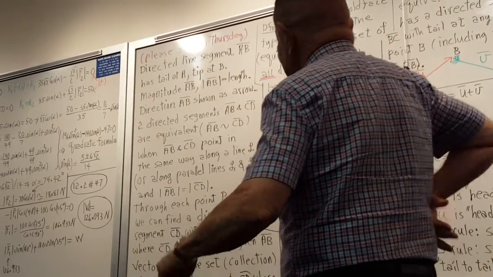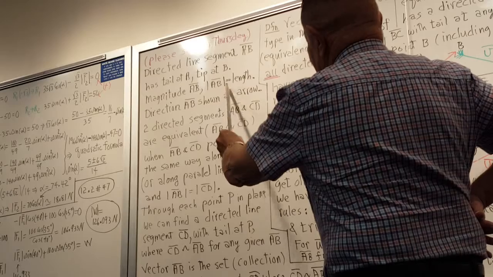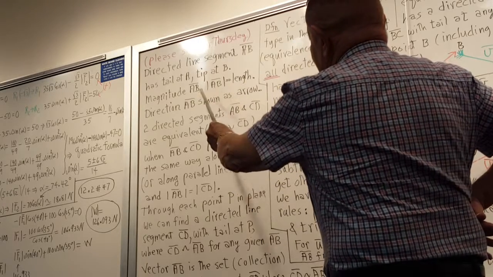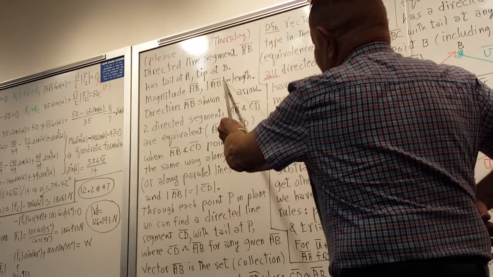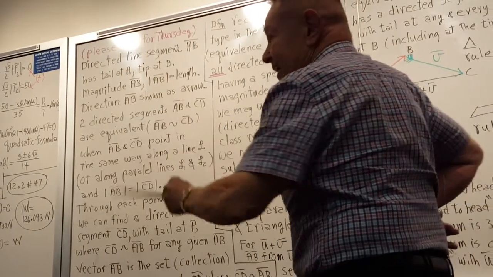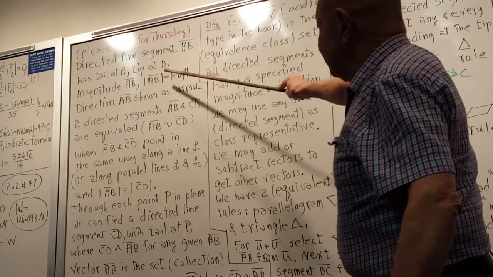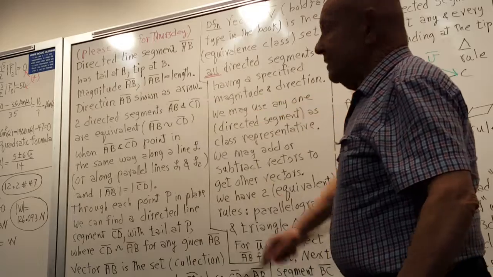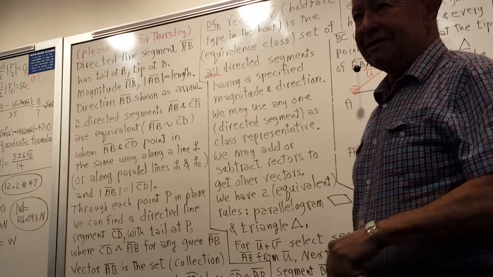The magnitude then would be represented this way and is the length. And you can either use the single bar vertically on each side like you do with absolute value, or you can use double bar. Depends on whose book you're in and whose class you're in.